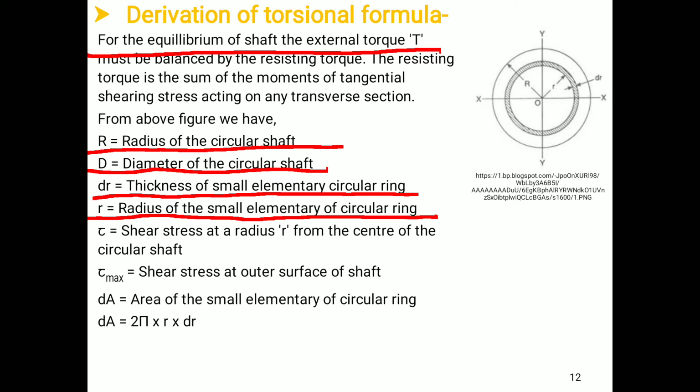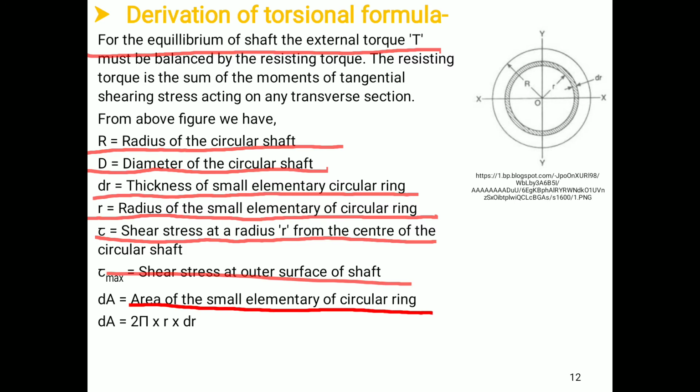Tau is the shear stress at a radius of r from the center of the circular shaft. And tau max is the value of shear stress at the outer surface of the shaft. And dA is the area of the small elementary ring of the circular shaft.